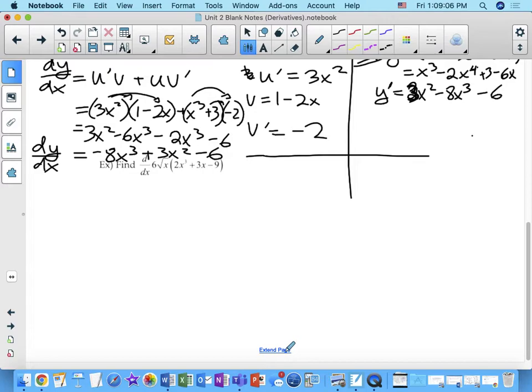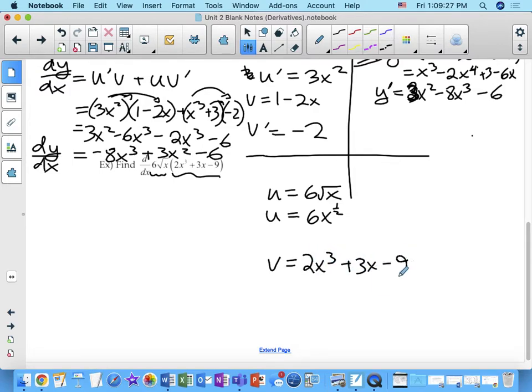Okay, so again, one of them's u, one of them's v. And here you would want to write this as 6x to the 1/2. Right? V is 2x cubed plus 3x minus 9.